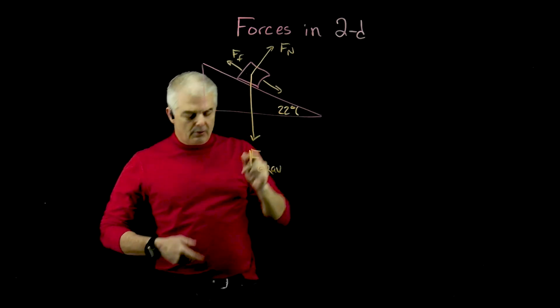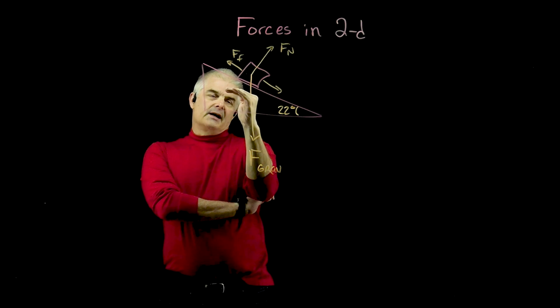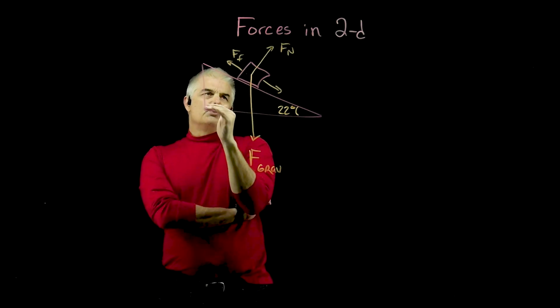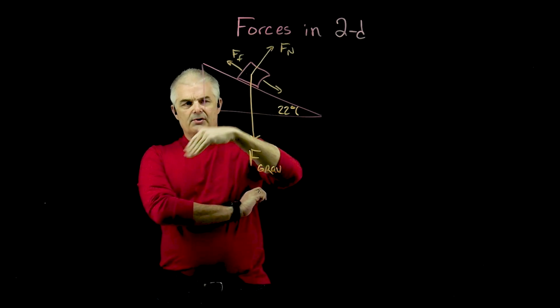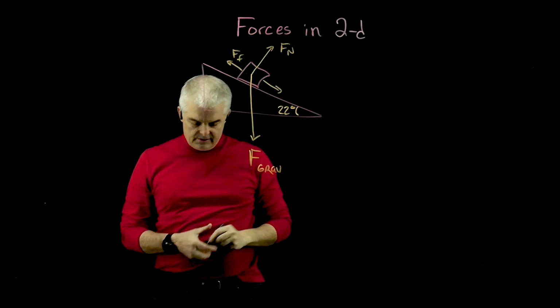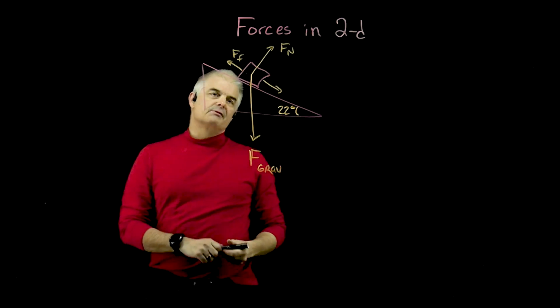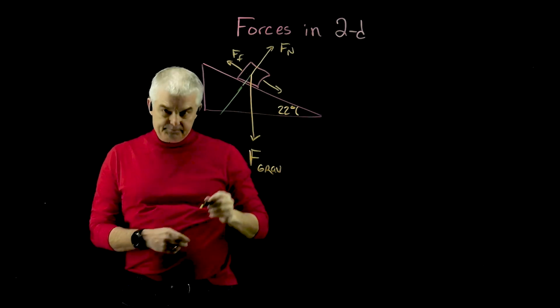Remember, it's always perpendicular to the contact point. We've always done normal forces before, and they've not been at an angle, they've been straight. So the force of gravity is not going to be equal to the normal force here. And the key to doing these types of problems is really to draw a triangle underneath here.